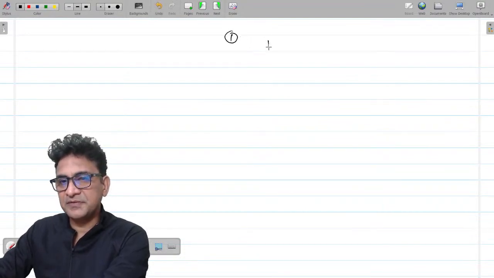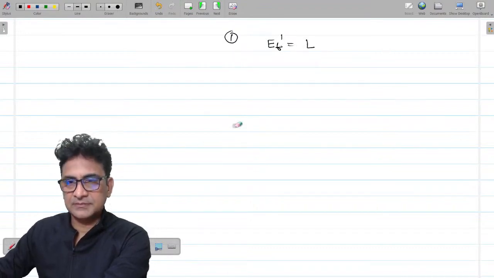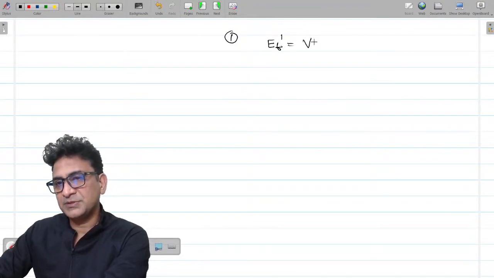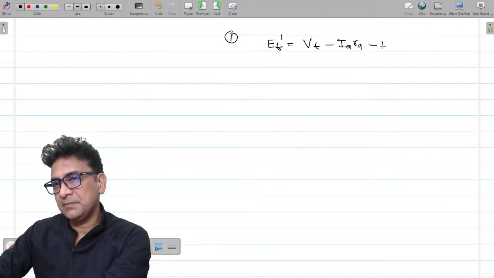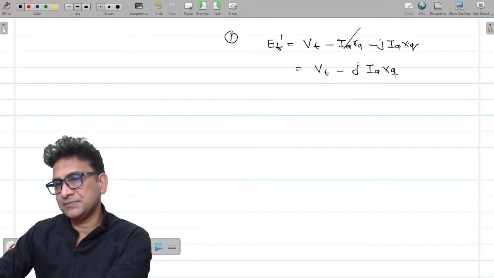In the first step, we are going to find out the value of EF dash. Again, this is the synchronous motor, so it is Vt minus IaRa minus jIaXQ. Since Ra is not given, it would be only Vt minus jIaXQ.